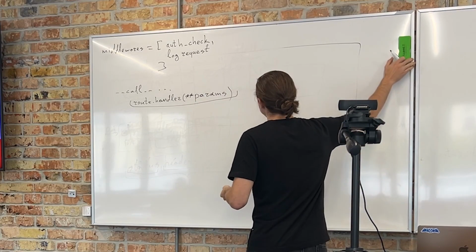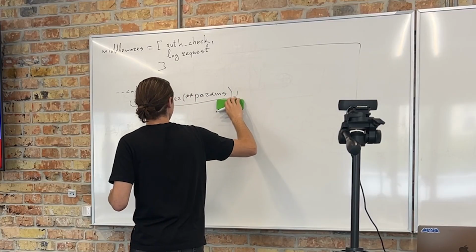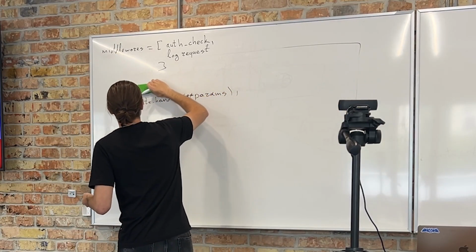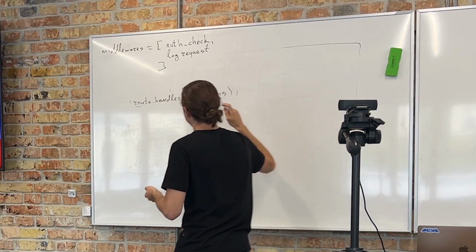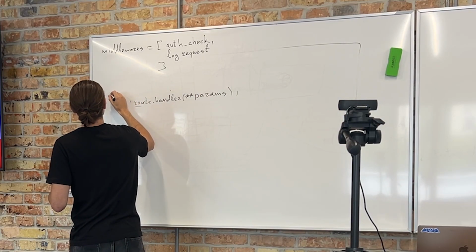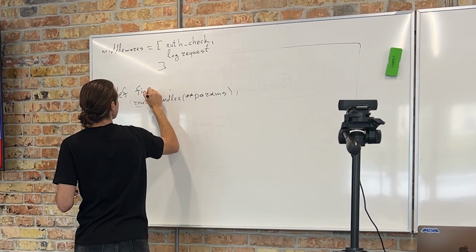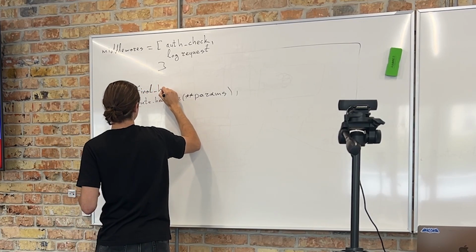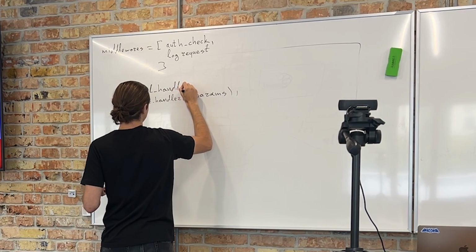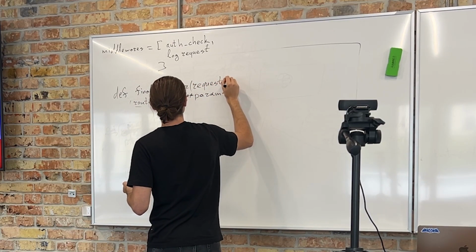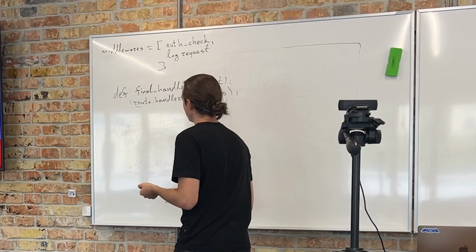So what can we do? We can create a wrapper. For example, def final_handler that has a request as a parameter.